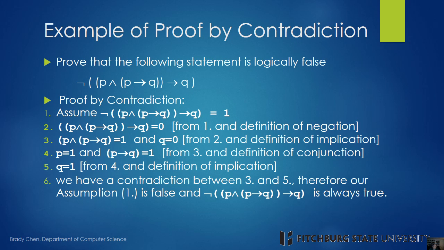Let's say we want to prove this statement is logically false, that it's always logically false. You can actually use the truth table. There are two propositions, P and Q, so there are 4 possible combinations: P is true and Q is true, P is true and Q is false, P is false and Q is true, and P is false and Q is false.